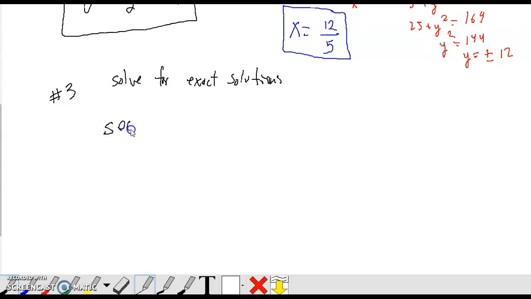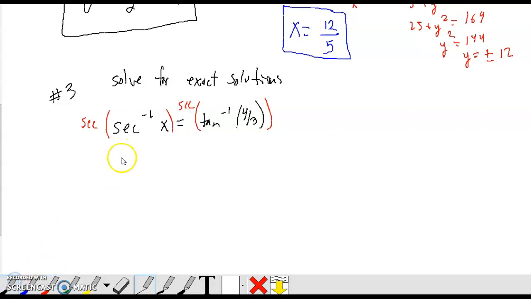Let's say the secant inverse of x is equal to the inverse of tangent of 4/3. So again, very similar to that last problem. So I'm going to apply the inverse to both sides, so secant and secant. So this will just become x, and this will become the secant of the inverse of tangent of 4/3.